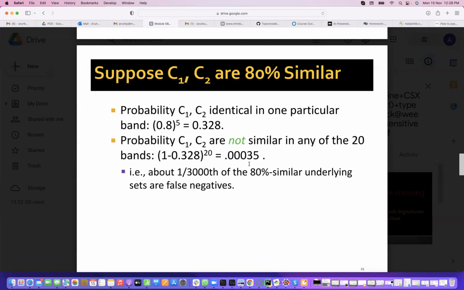How much do you get? Not similar in any band is 0.00035. That is about 1 in 3,000 of the 80% similar underlying sets being false negatives. What does it mean? One will miss about 1 out of 3,000 if you use this method.